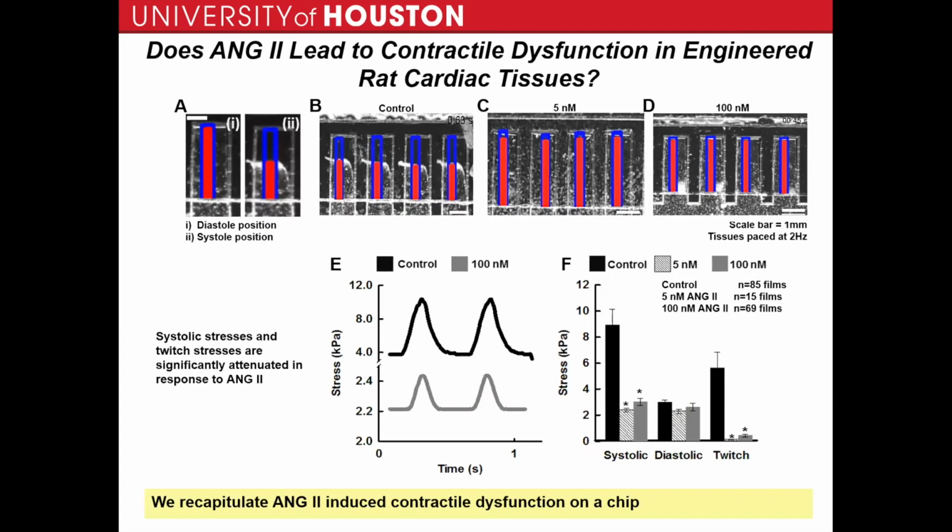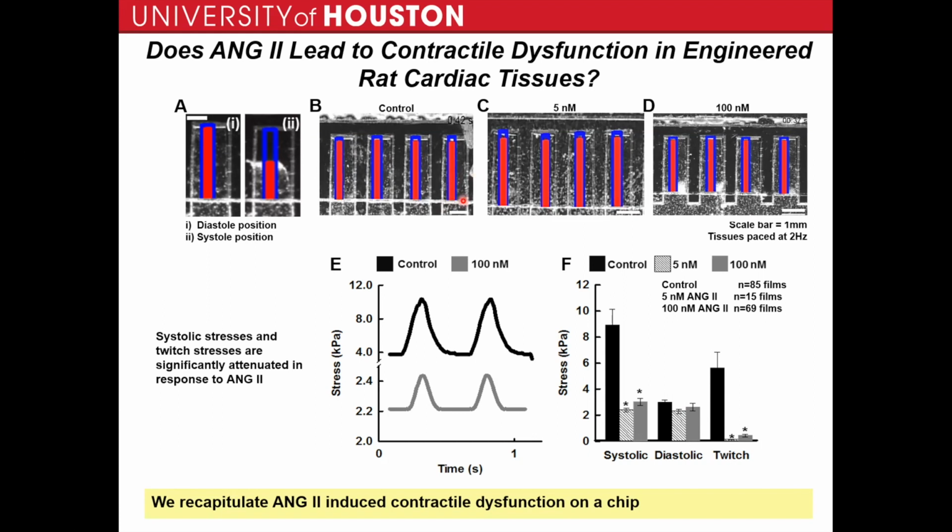Again using those two angiotensin II concentrations, we were tracking the curvature of these films, so how far the films are deflected. What causes the films to deflect: we have PDMS, or polydimethylsiloxane, films that are coated with an extracellular matrix protein, and then we seed the cardiomyocytes on top of those films. As those cardiomyocytes are contracting, that's what's causing the films to deflect.